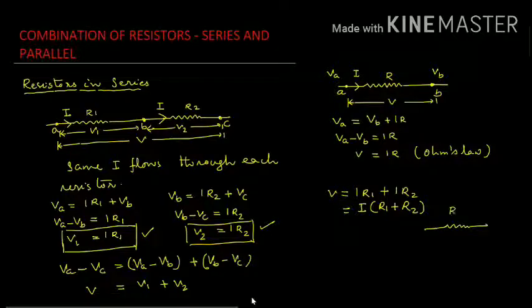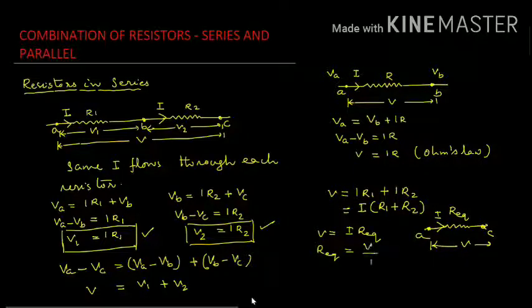Its resistance is R equivalent, between point A and point C. The potential difference between A and C is V, and the current flowing through the equivalent resistor is I. So V equals I into R equivalent, or R equivalent is equal to V by I. From the earlier equation, V by I is R1 plus R2.